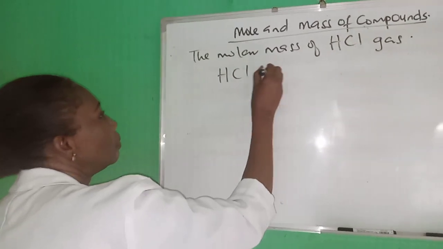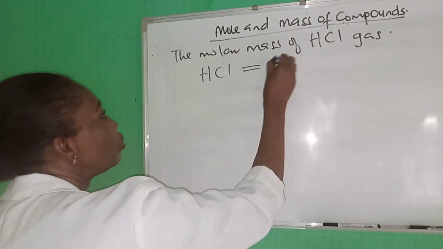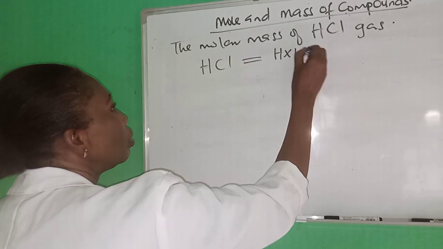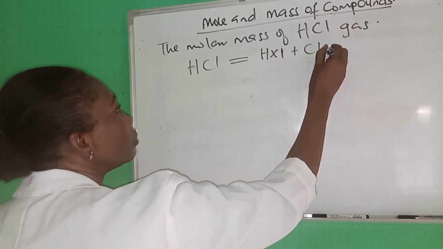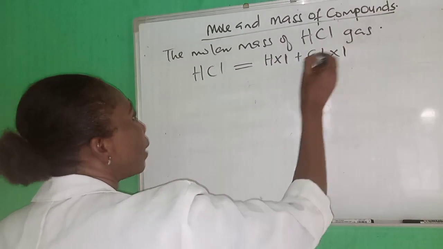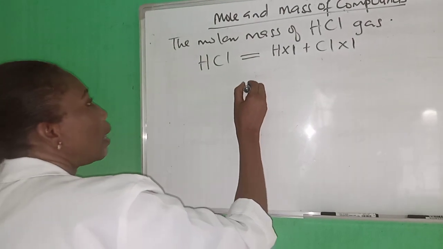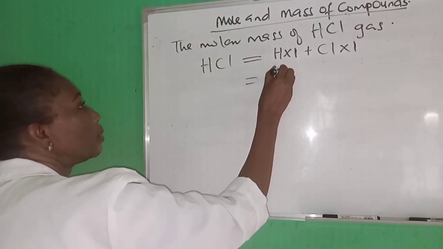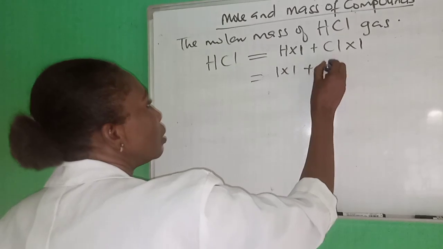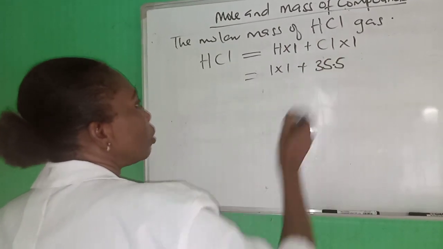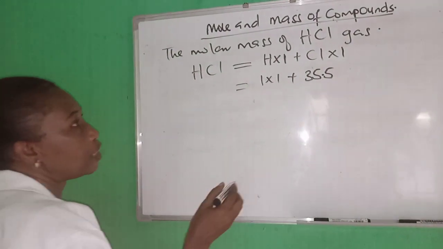HCl is equivalent to hydrogen multiplied by 1 plus chlorine multiplied by 1. And that is 1 times 1 plus 35.5, because the relative atomic mass of chlorine is 35.5.